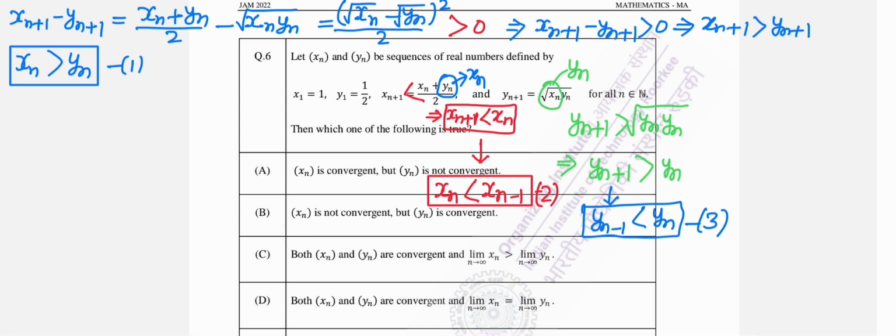So now we show the terms of both the sequences on a number line. You know about the number line from your earlier classes. Here I draw a number line.